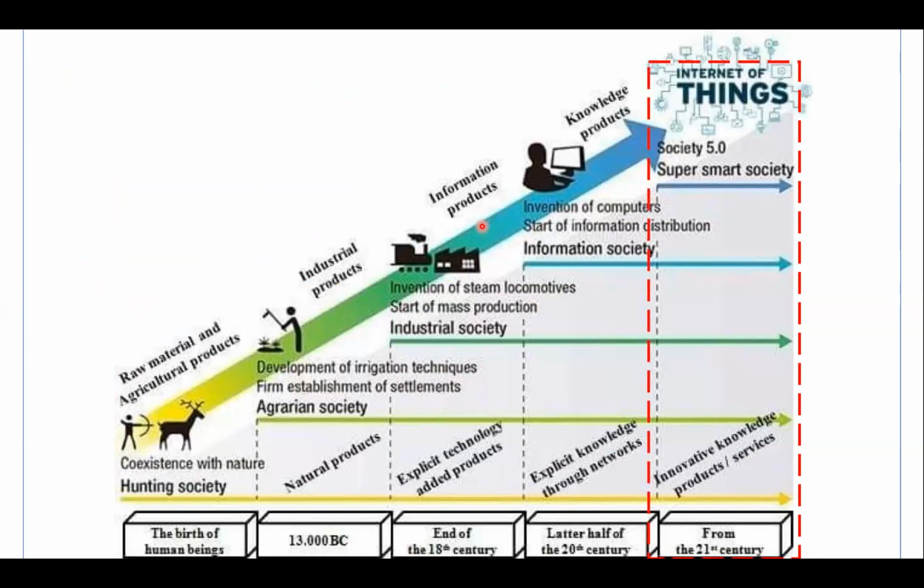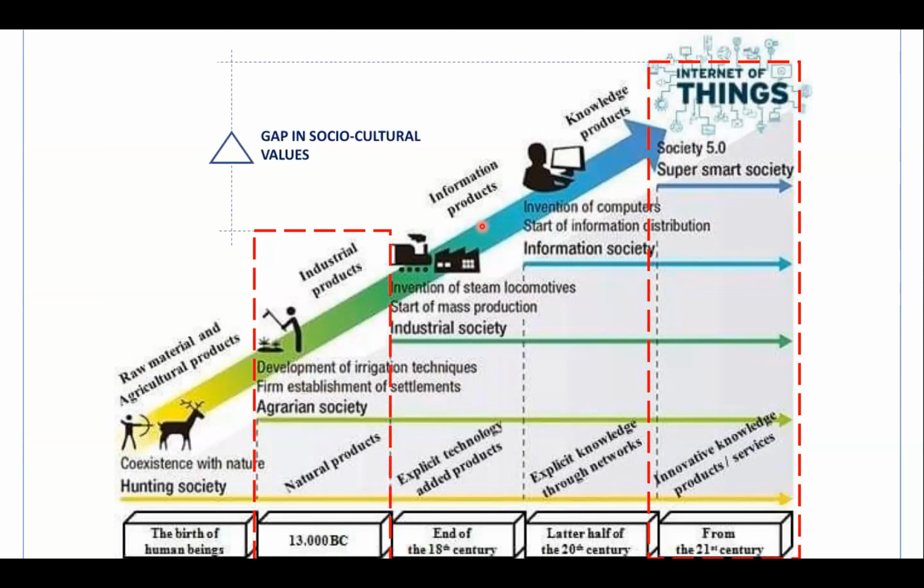And in the staging from agrarian society to society 5.0, the smart society, if we draw it, there is a gap in socio-cultural value. This is the important thing that we have to know: there is a gap in socio-cultural value, not only technology value.